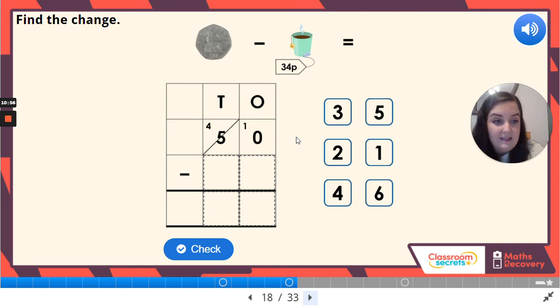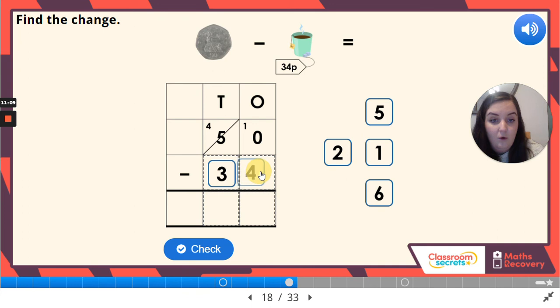Okay, did you do it? Let's find out. So 50p, we need to take away the cost of the cup of tea, which is 34, and I know that's got 3 10s and 4 1s.